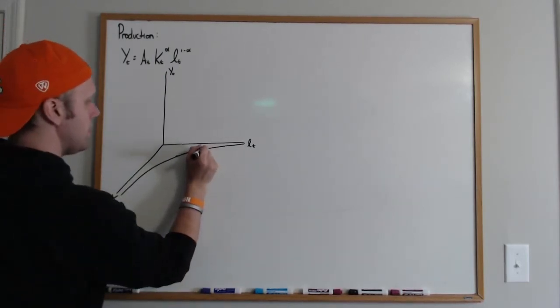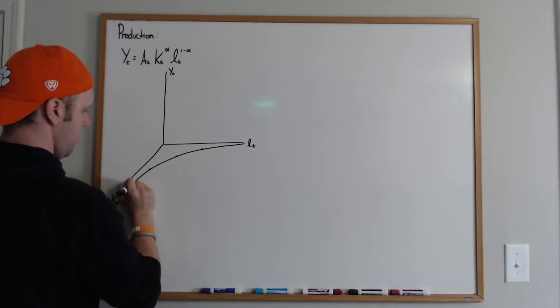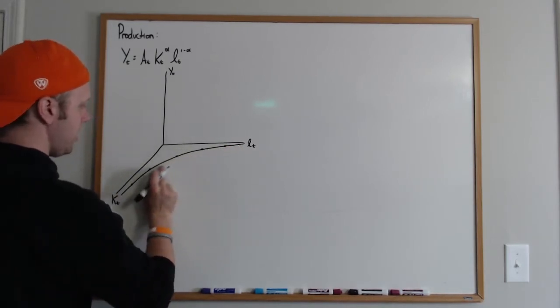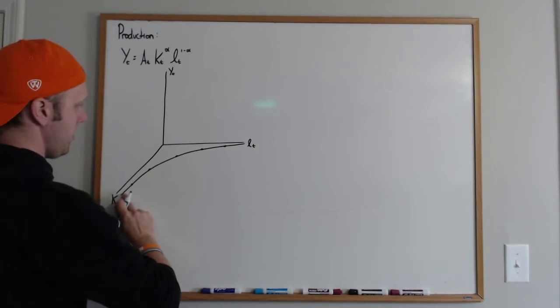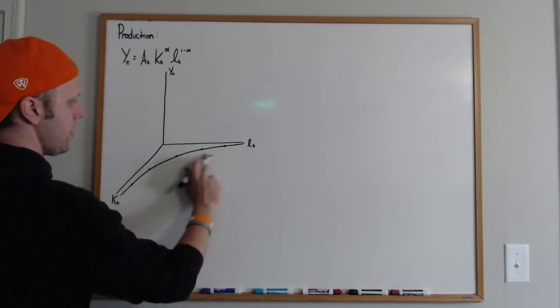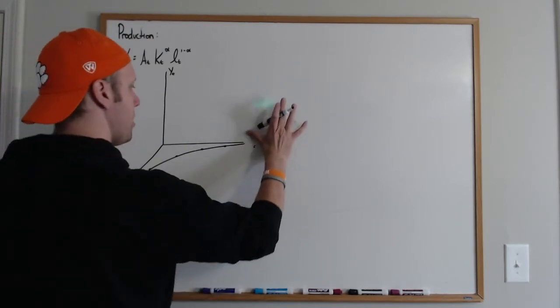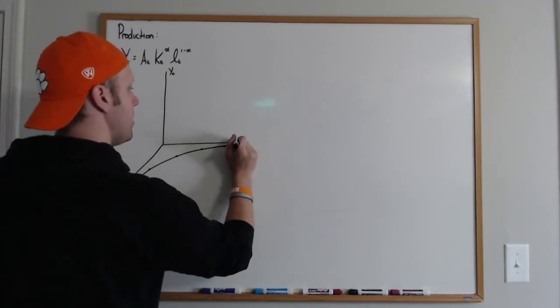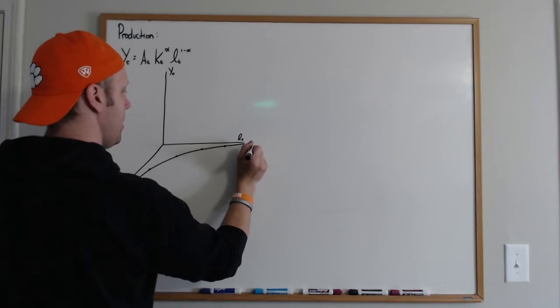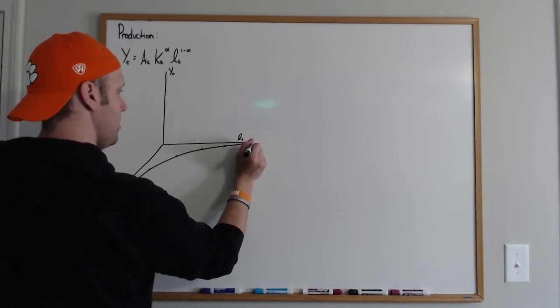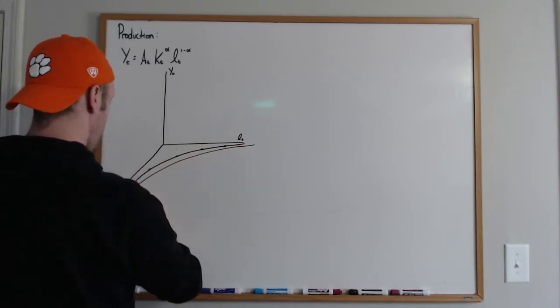It could also be here, here, or here. But either way, along this one particular curve, output is at a certain level. Now, if we wanted to go a little higher than that, what would that look like? Let's just assume it would look like this.